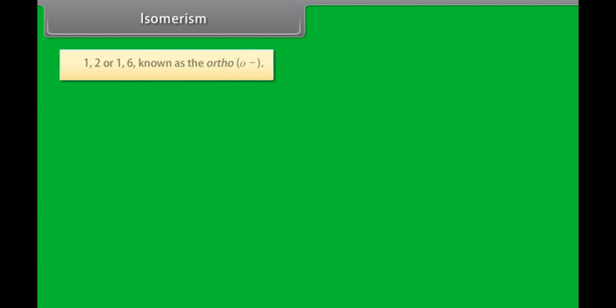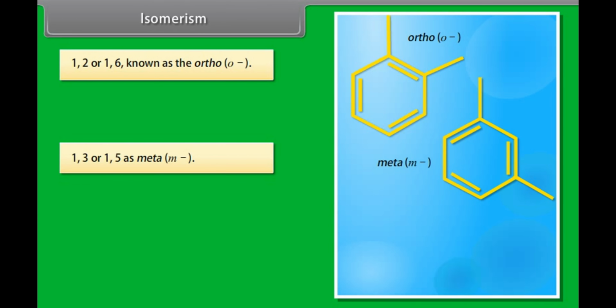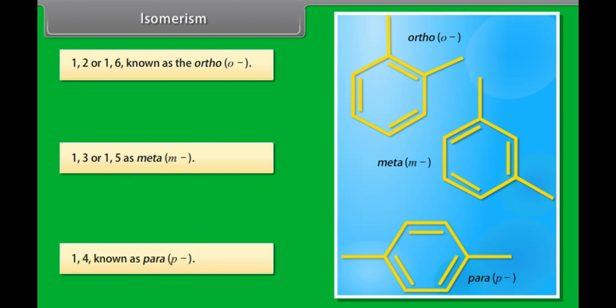First one is 1,2 or 1,6, known as ortho. Second one is 1,3 or 1,5 as meta. And the third one is 1,4, known as para, disubstituted compounds.